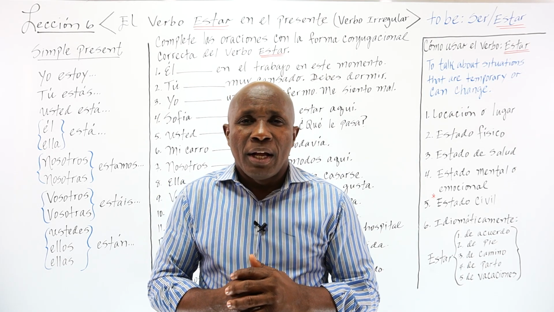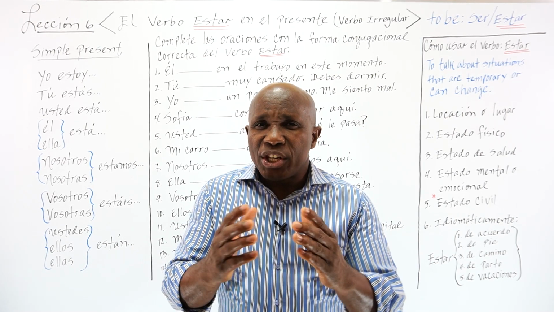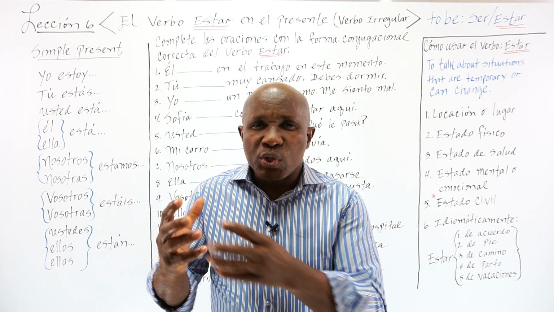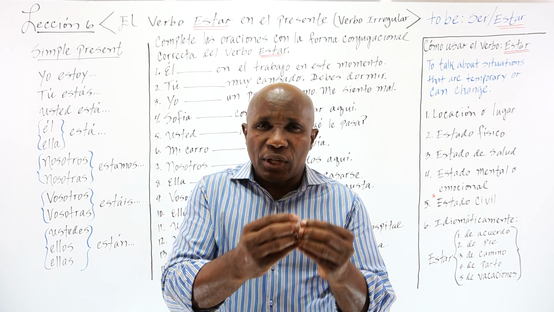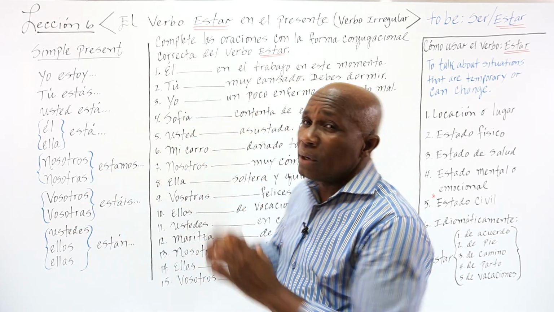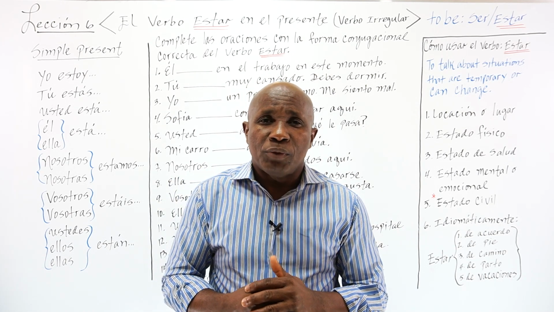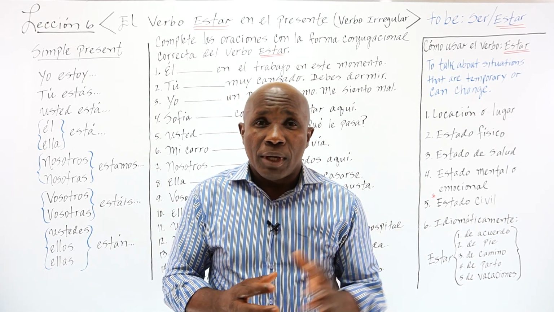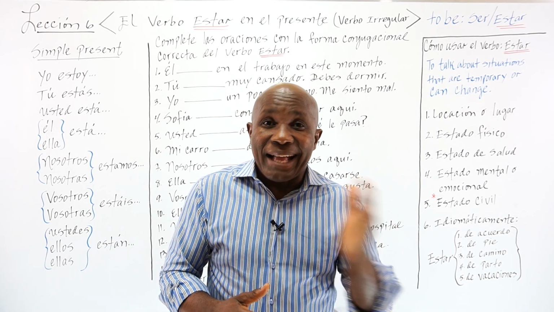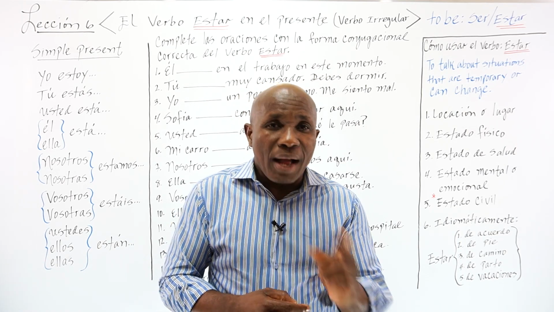We have verbs that change the stem, the verb stem, when you conjugate them, and also the verb ending. These verbs are like that. Unlike the regular verbs, those that end in ar, er, or ir.